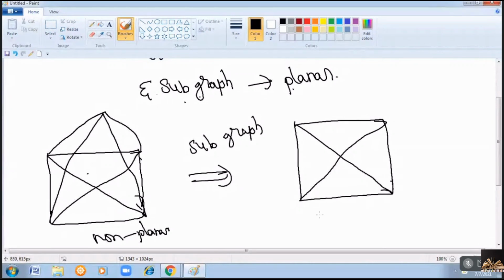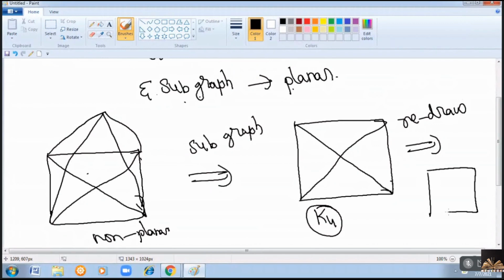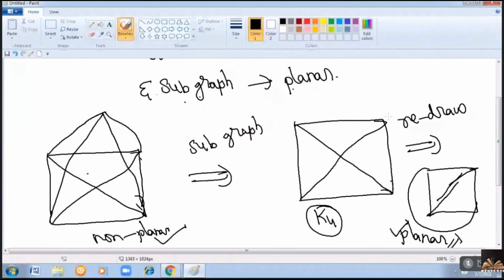So what is this graph? It is K4. So you try to redraw this K4. Actually, we have already concluded that K4 is a planar graph, right? So if I redraw this, we came to know that it is a planar graph. Why? Because there are no edge crossings. Given graph is non-planar, but its subgraph is planar. If these conditions are satisfied, then you can say that the given graph is a critical planar graph.